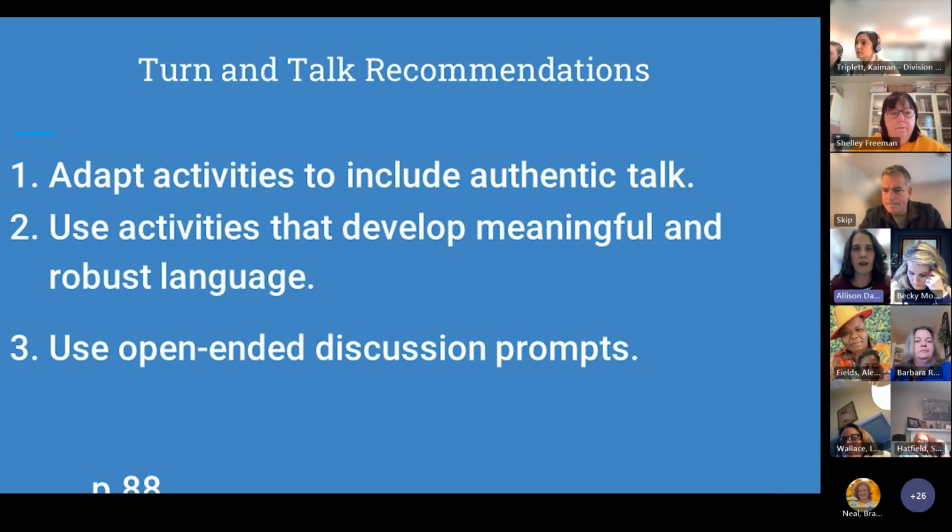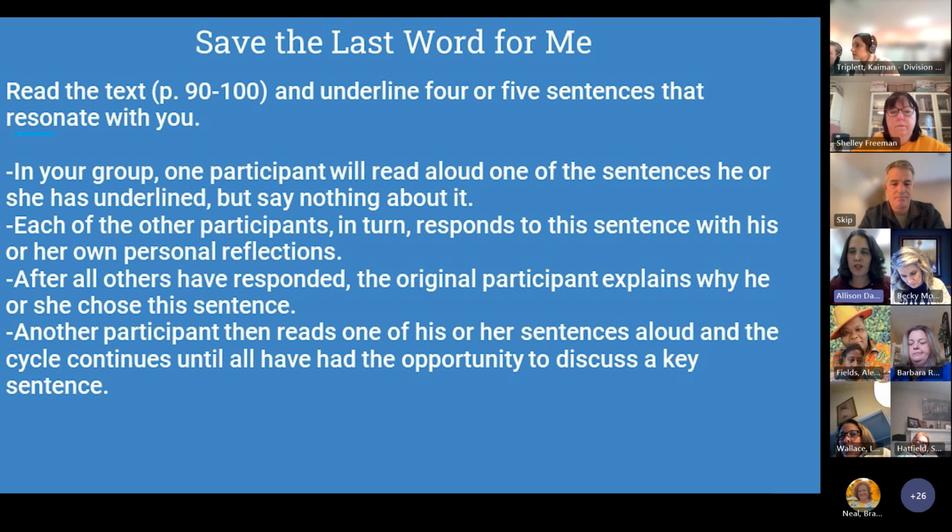All right, so how do we do that? The next bit of the chapter, pages 90 to 100, outline 4 key practices for helping English learners in these academic conversations. So what we're going to do in our next breakout, you're going to have the opportunity to read and discuss these 4 practices with your group. We're going to use a strategy called Save the Last Word for Me.